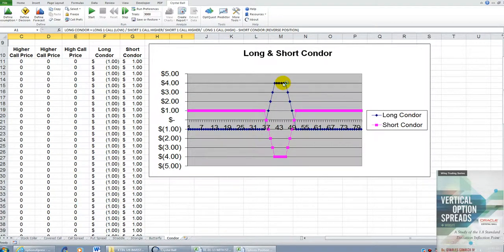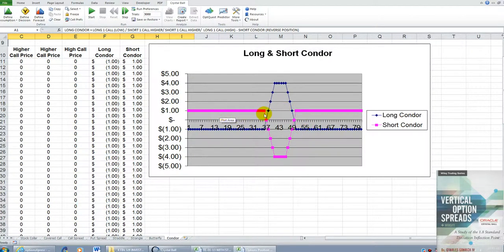Then if I went over the top of the asset, say up at 48, sold a call, and then bought a call at 49, my payoff diagram would look just like that blue colored top hat that you're seeing on the screen. The opposite position, in other words, whoever is trading against us, would have the pink colored payoff diagram.